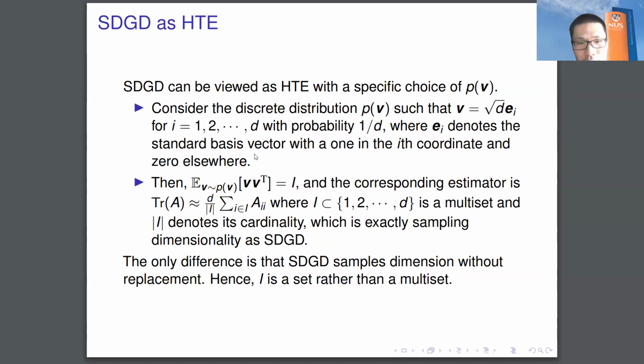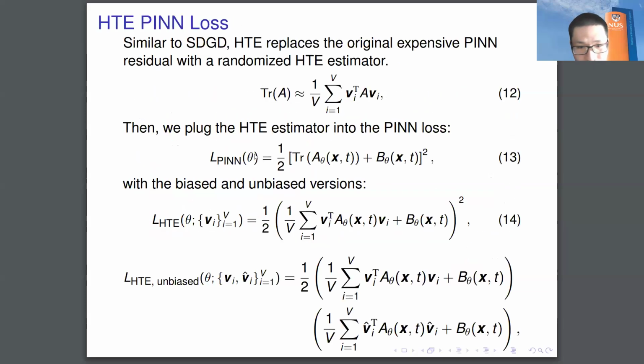HTE is the classical choice, and SDGD is something like a new choice. I think the reason classical people don't mention the SDGD distribution is that SDGD is a discrete distribution with at most D possible vectors.